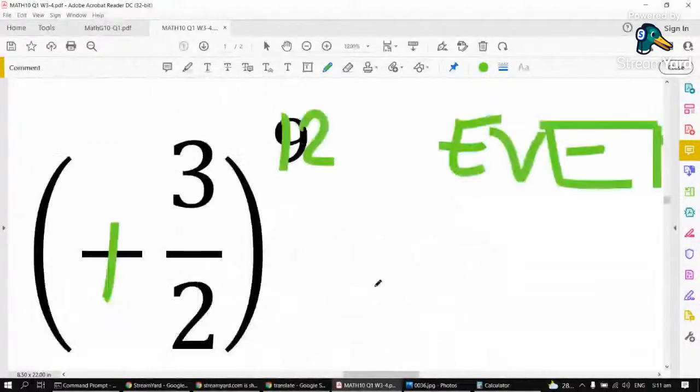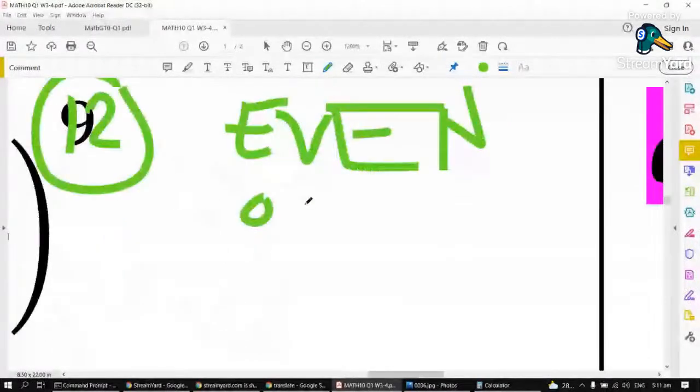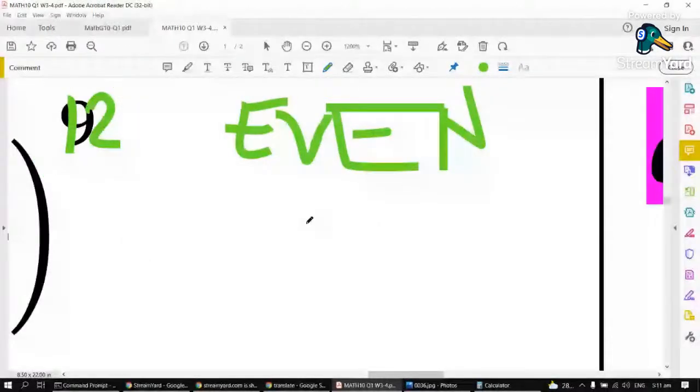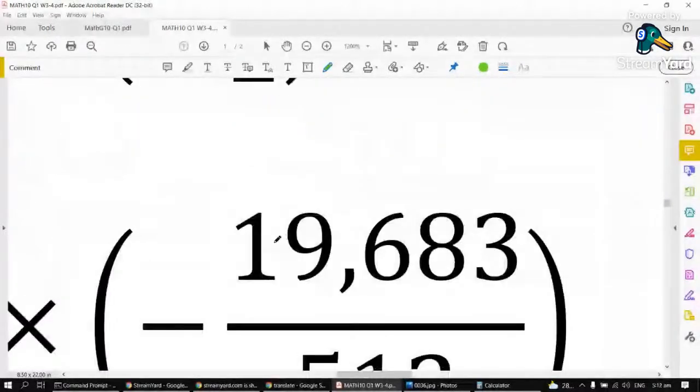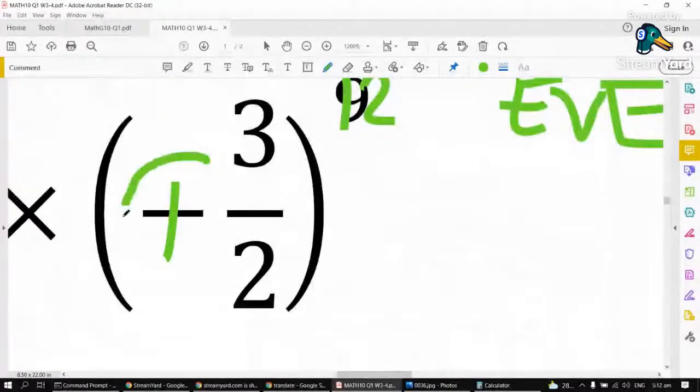Okay, so kapag ang exponent is even, 0, 2, 4, 6, 8, ang sagot is laging positive.